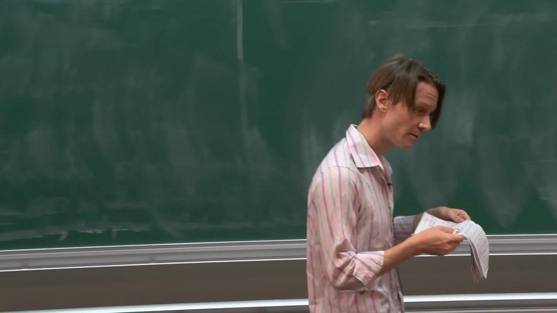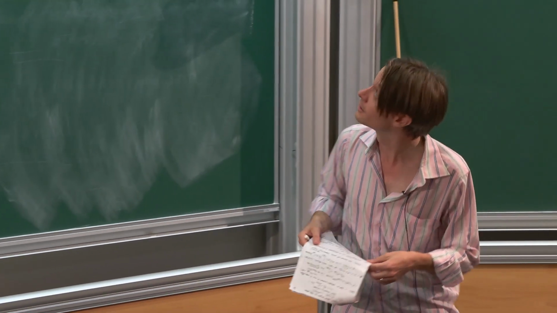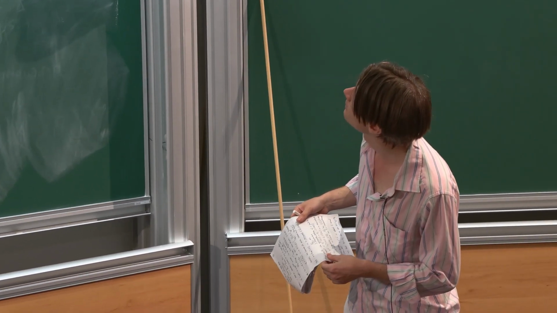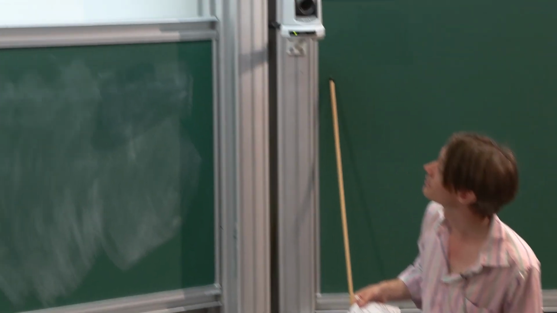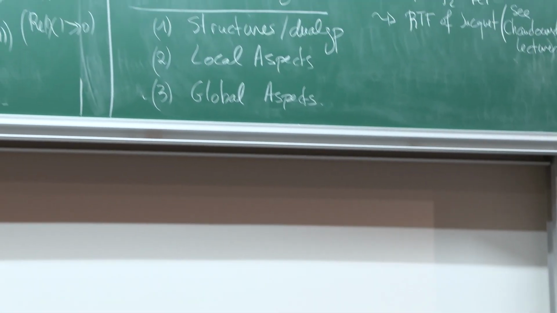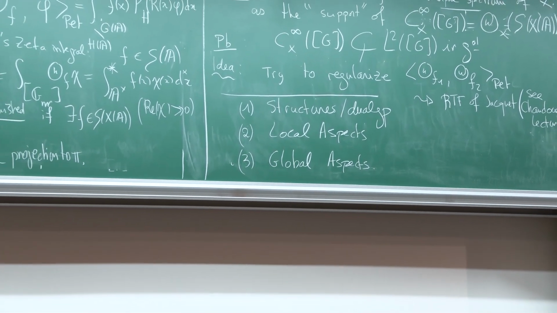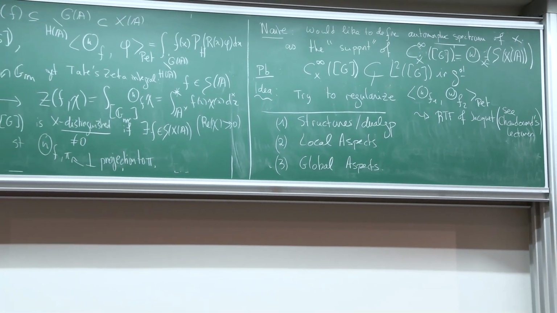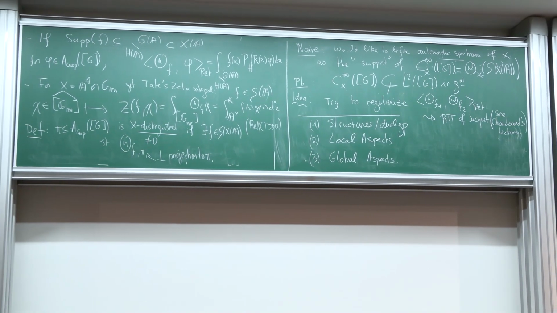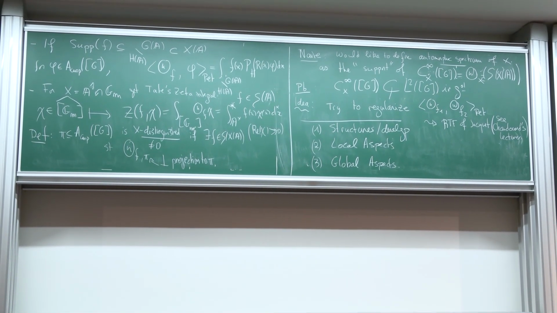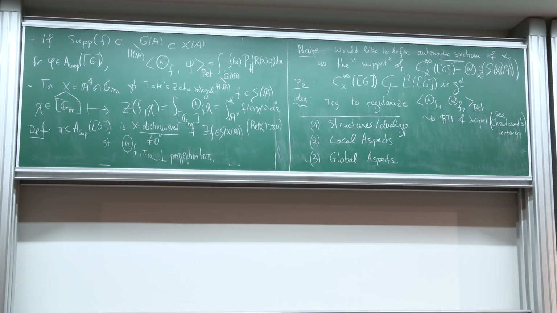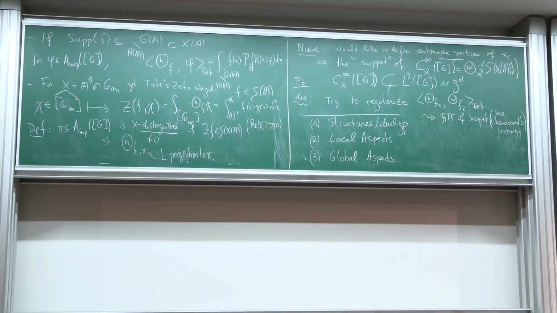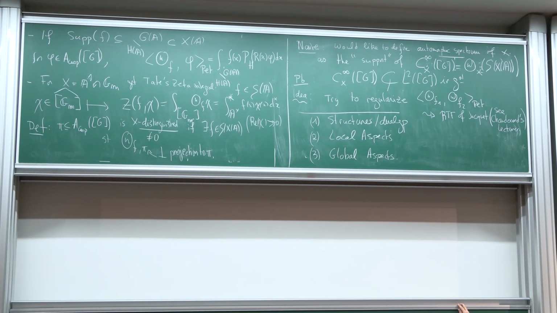Yes? Could I also ask, if you just want to define the notion of cuspidal spectrum of X, is that okay? Meaning, can you just do the projection of θ_f onto the cuspidal spectrum? No. It's the intersection of the spectrum of X with the cuspidal spectrum of G. The question was, is it enough to define the cuspidal spectrum of X to consider the projections of theta series to cuspidal representations?